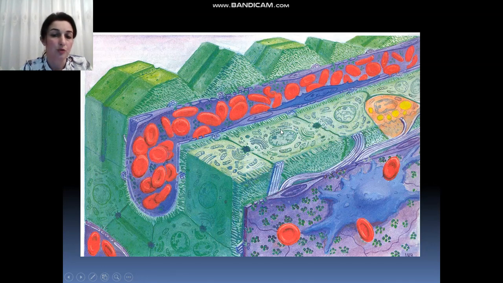not just produce bile, they also produce many of the proteins of the plasma, and they participate in detoxification of toxic substances, drugs, and also hormones. So they have various different functions. That's why they are rich in many organelles.